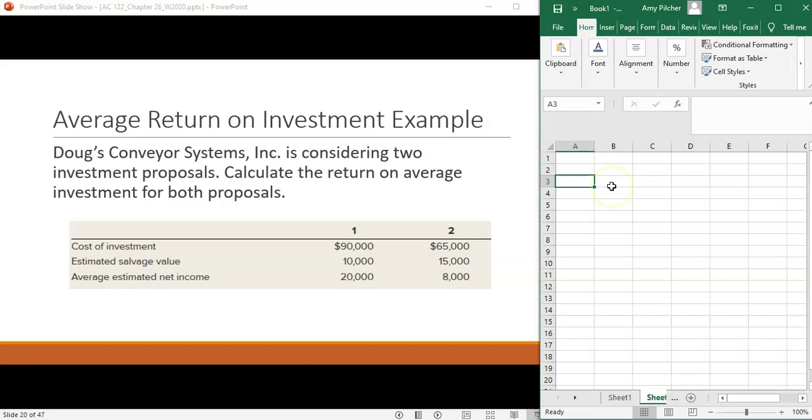So for the ROI, we have project 1 and project 2 here. And we're looking at the ROI, or the return on average investment. So that calculation is taking the average estimated net income, so 20,000, and then we're going to divide it by our average investment. So we take 90,000 plus 10,000 and divide that by 2.